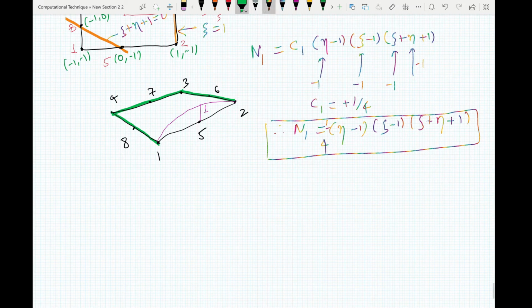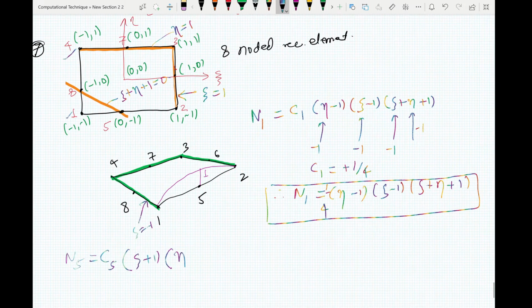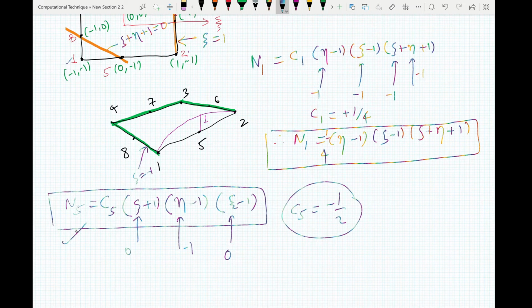So what you can write here is for n5 equals c5, this equation here, 1 and 4, this one is xi equals minus 1, so this is xi plus 1, and then 4 3, this is eta minus 1, and then 2 3, that is xi minus 1. So this is our n5, and you can substitute your c5 back here and you get your equation.